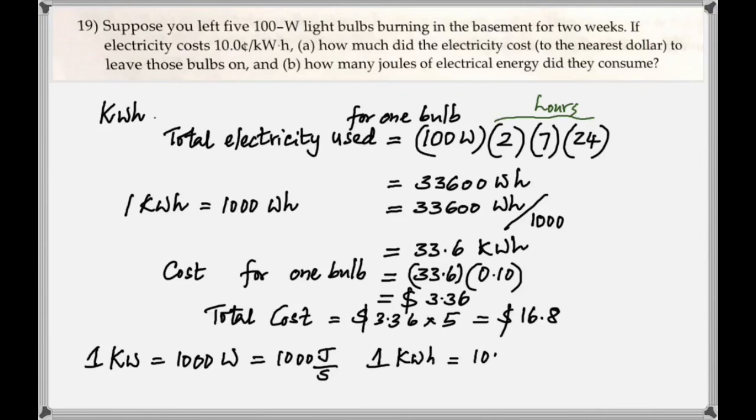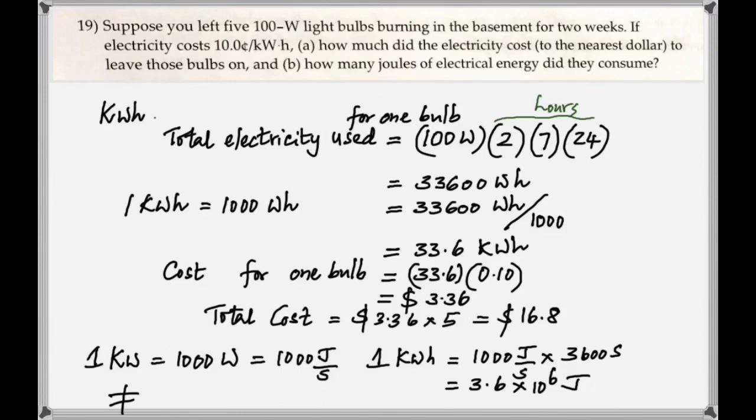And then you have to find how many joules of electrical energy did they consume. So imagine 1 kilowatt is 1000 watts, which is 1000 joules per second. So 1 kilowatt hour would be 1000 times, you got to change the hour into seconds, which is 3600 seconds, because 1 hour is 3600 seconds. So we get 1 kilowatt hour as 3.6 million joules.